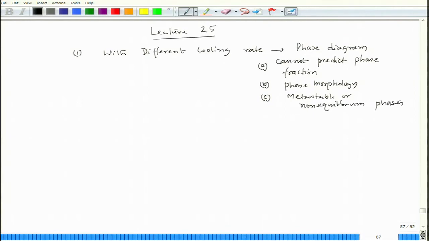So, this is the information it cannot give. These are the deficiencies of the phase diagram.